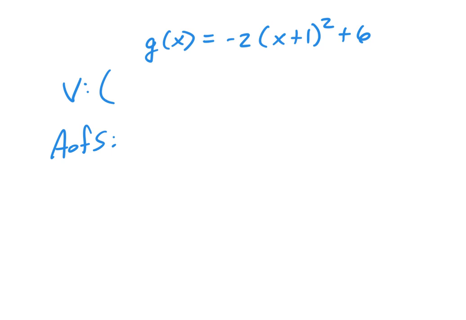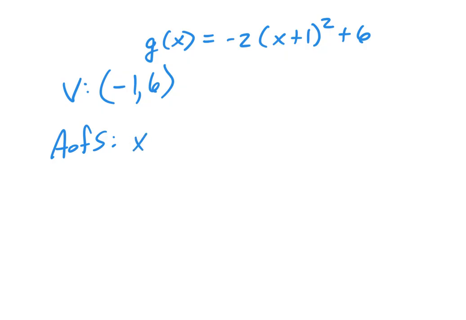The vertex would be what? -1, and 6. It's going to go left 1. It's going to go up 6. Okay, and we should be able to tell that without ever looking at the graph. It's not wrong to look at the graph to get that, but that's why vertex form is there, is we can easily tell what the vertex is without ever punching it into the calculator.